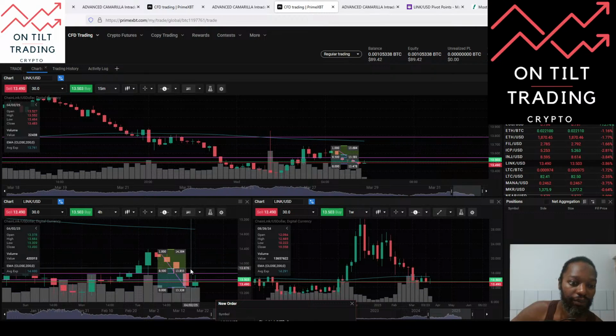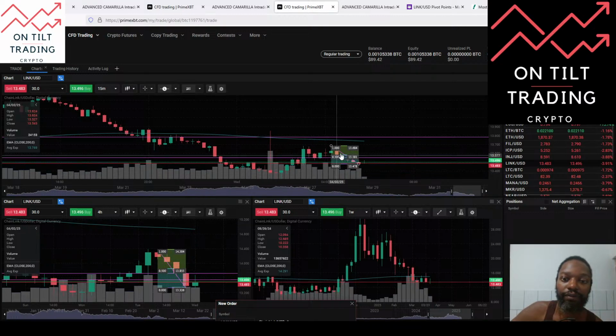Wanting to take a trade in a premium, it would need to be above this 13,855 level, which would put it way up here. Okay, so this would have it right at the top of this wick.